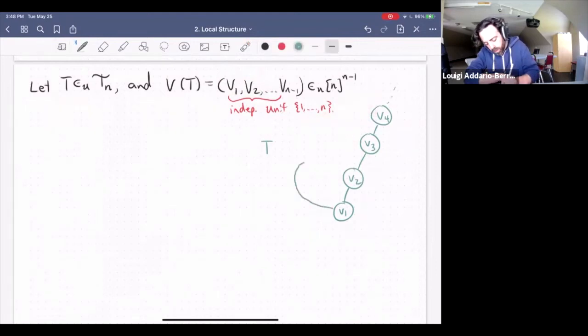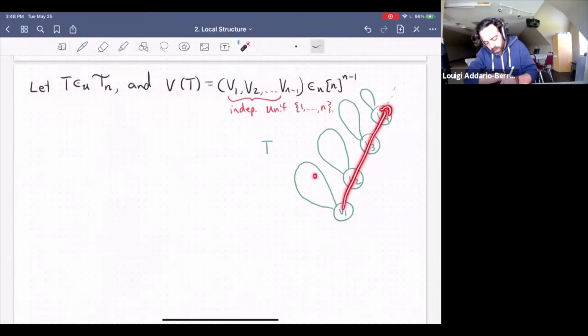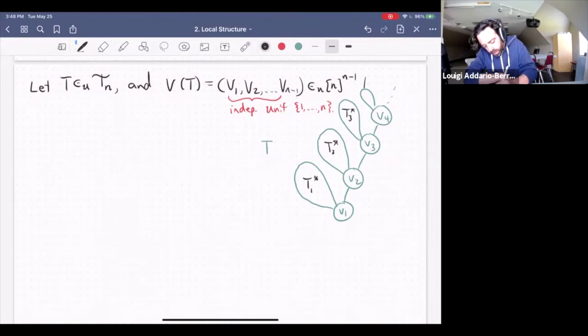So even if this picture isn't always correct, it's a good way to think about the structure of the tree. There's this path going off, and then these subtrees hanging off. I'll give those subtrees names as well. Let me call this T1 star, and this T2 star, and this T3 star, and this T4 star, and so on.